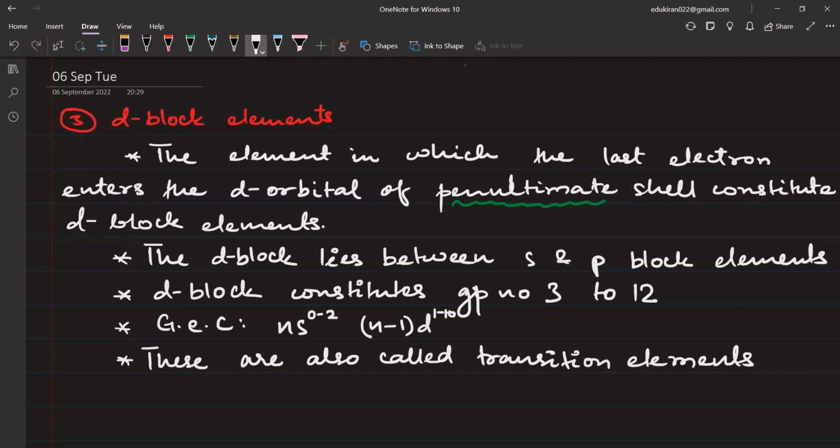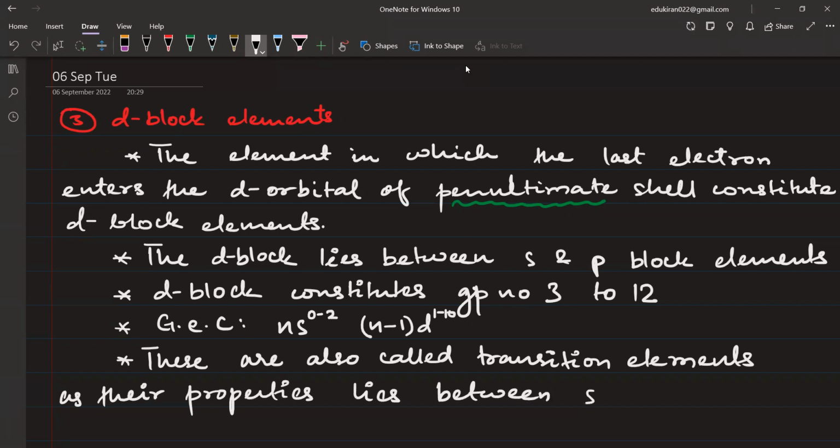Why? Because their properties lie between S and P block elements. Okay, they are also known as transition elements as their properties lie between S and P block elements.